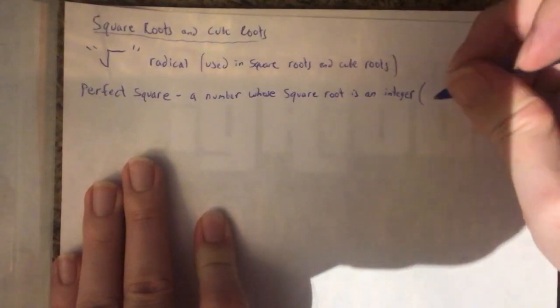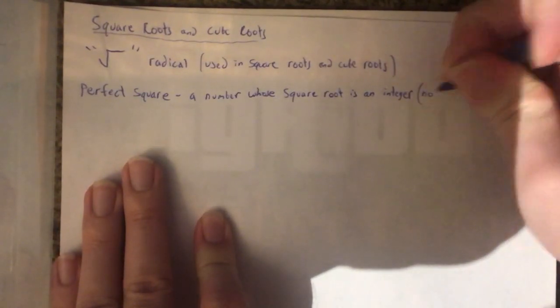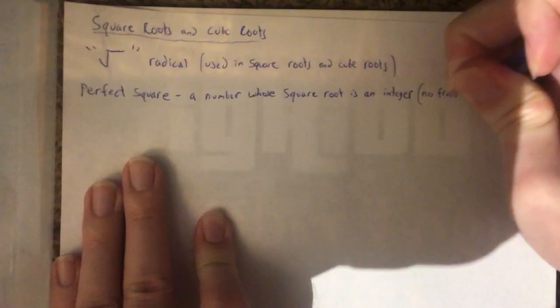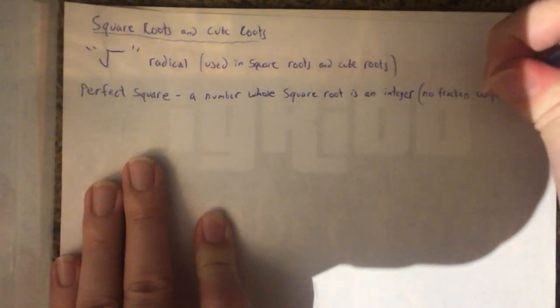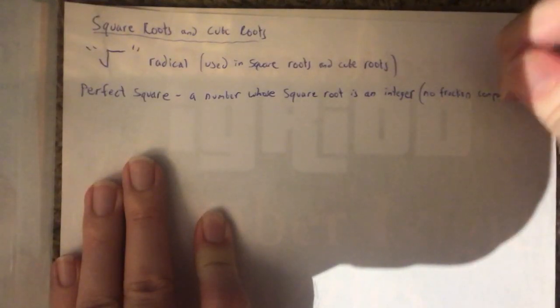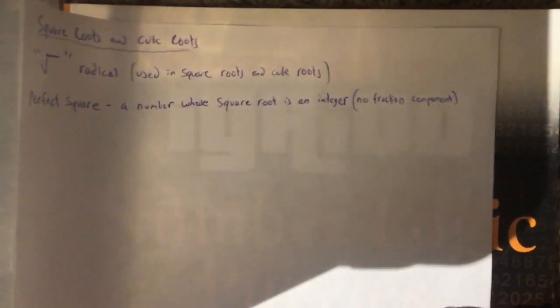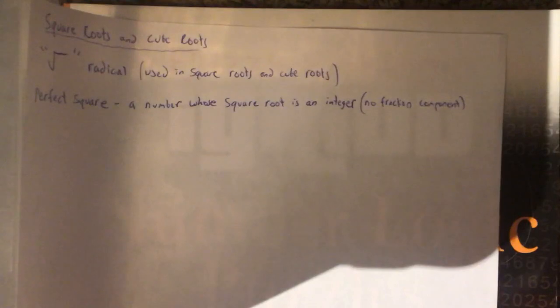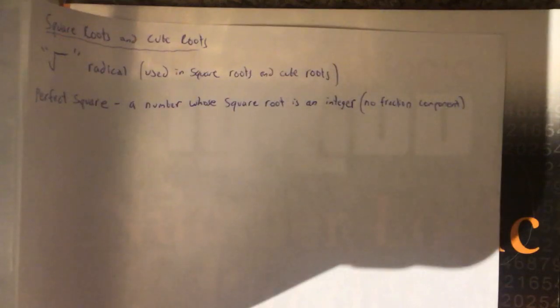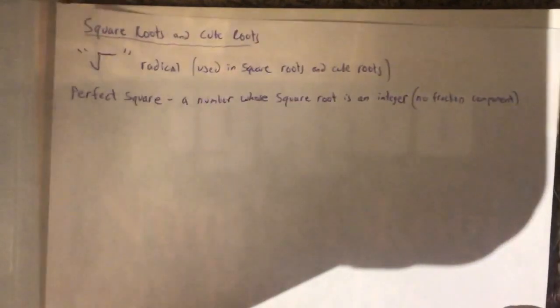Integer just means no fractional component. So basically, I don't want anything after my number, just 9 or 15 or -4. No 4.2, 4.73, none of that. It just ends right after your whole number part. Okay, so that's a perfect square.